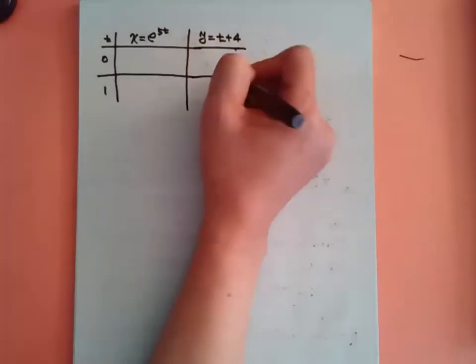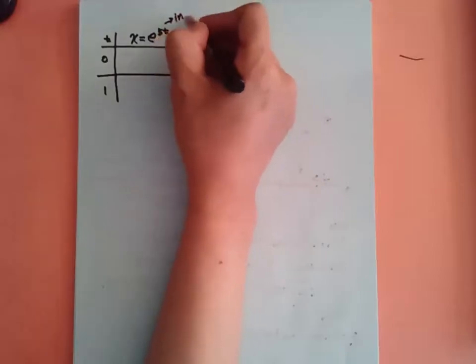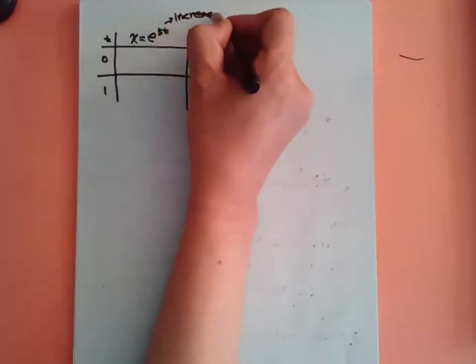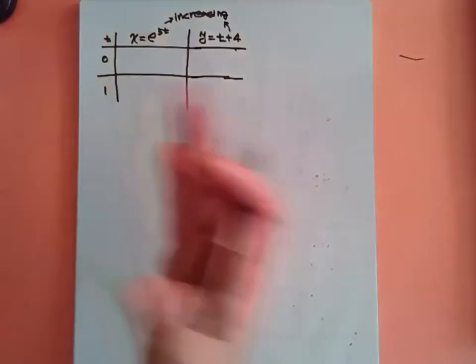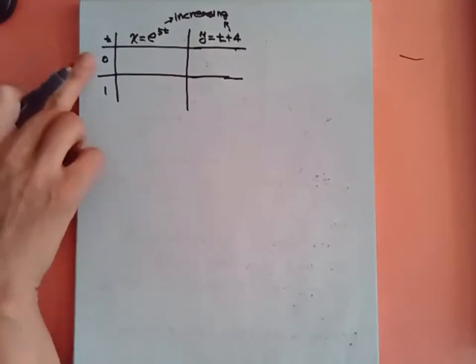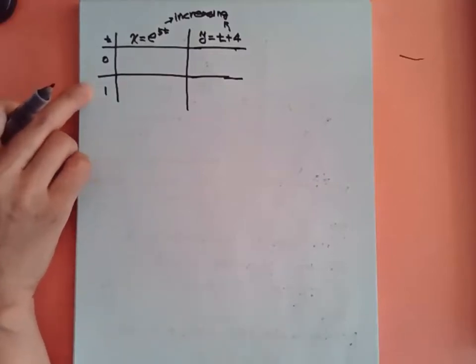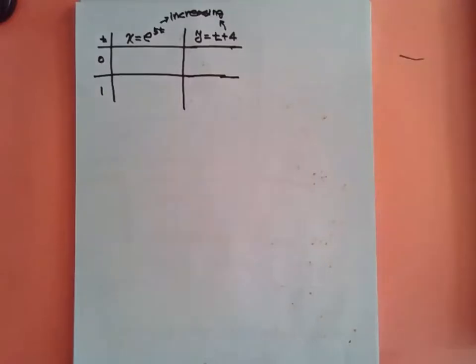What's important to look at here is this is an increasing function, and this is also an increasing function. It doesn't go increasing and decreasing, and the pattern doesn't change. And so once we pick 2 points and we identify the direction, then the direction doesn't change. It doesn't go to the right and left.